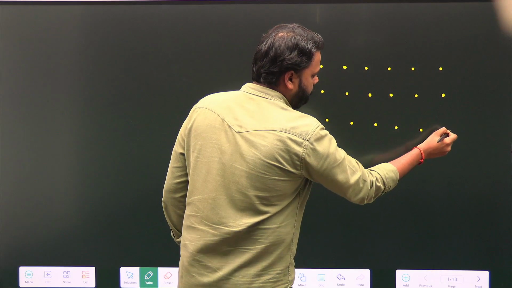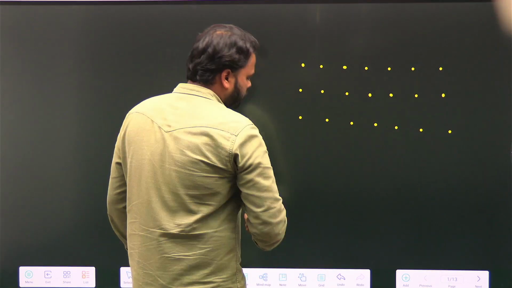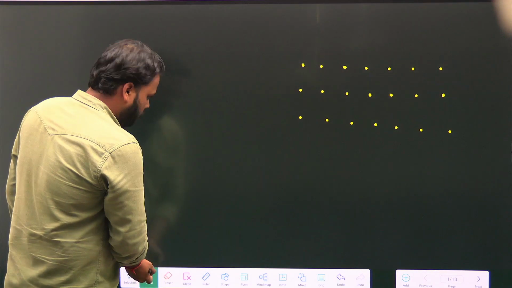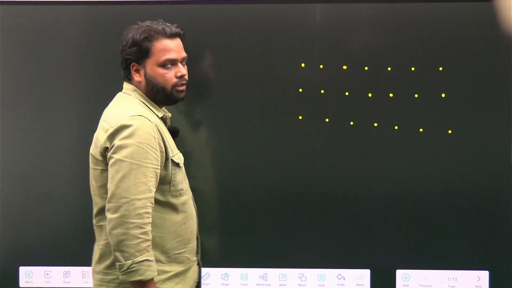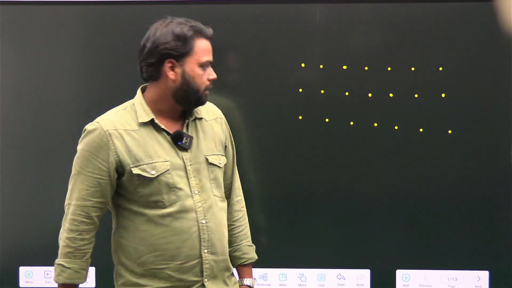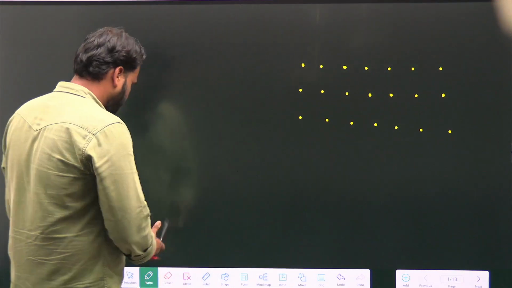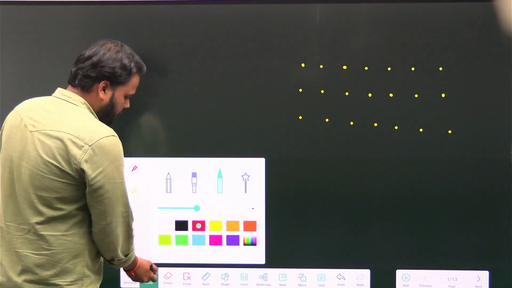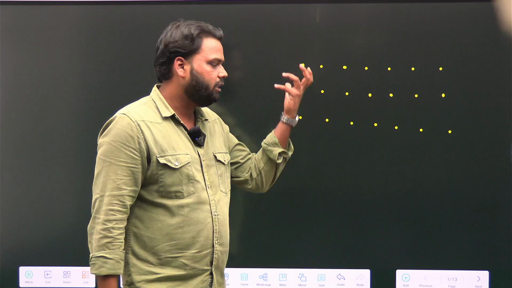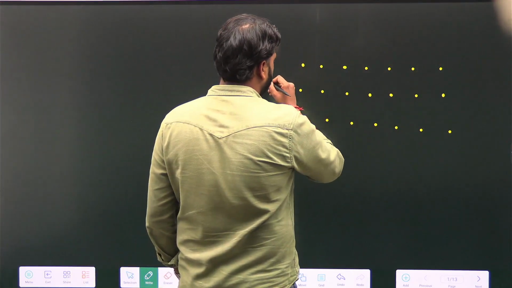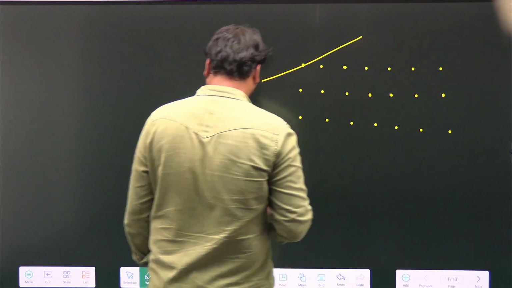I told you that Miller indices basically shows us the orientation of a plane. If this is our lattice point, then an infinite number of planes are possible. Let's suppose this is one plane.